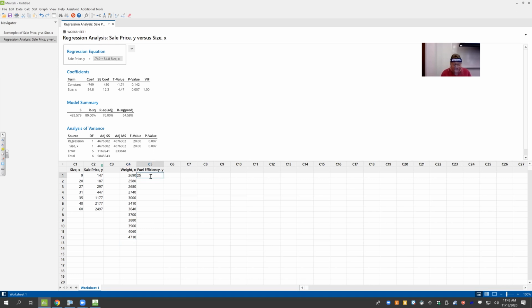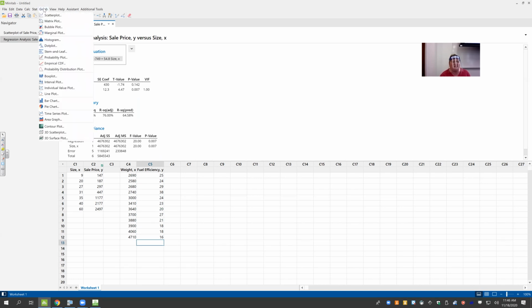So I have 25, 24, 29, 38, 24, 23, 20, 27, 21, 18, 18, and 16. Okay, so I've entered the data. This time I have my data in column 4 and column 5.